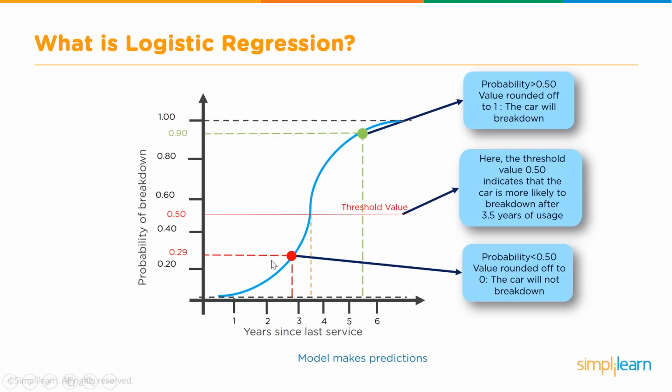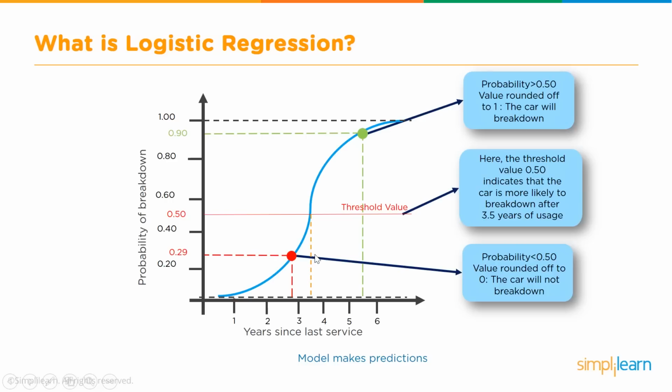But based on the probability, we need to decide what the outcome should be. So there has to be a threshold. For example, 0.5 can be the threshold, let's say in this case. Any value of the probability below 0.5 is considered to be 0, and any value above 0.5 is considered to be 1.